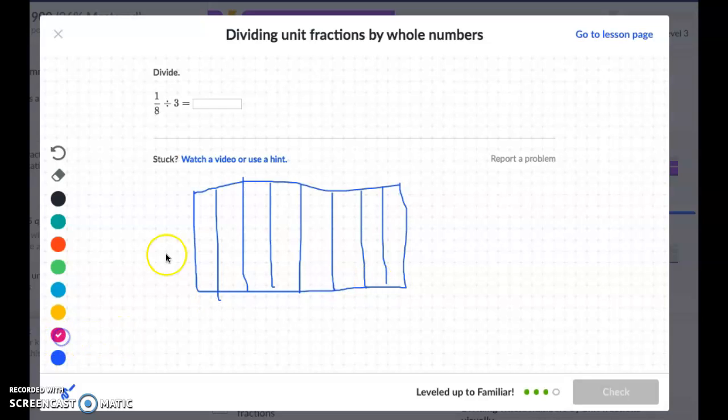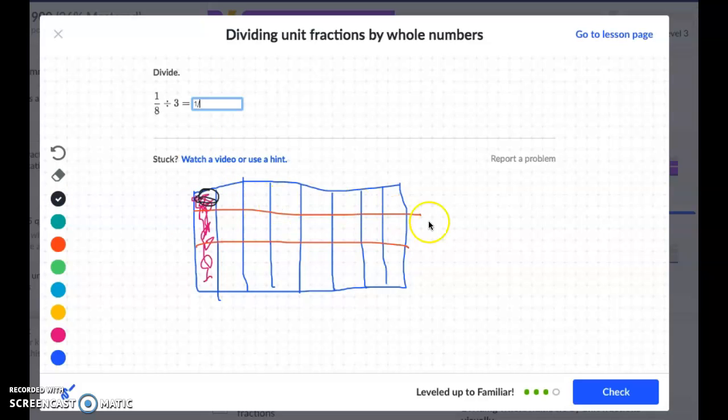If I have 1/8, I can make that a pretty pink this time. So 1/8, and I'm going to divide that into 3. So 1, 2, 3. Each person is going to get one piece out of a total of 24 pieces.